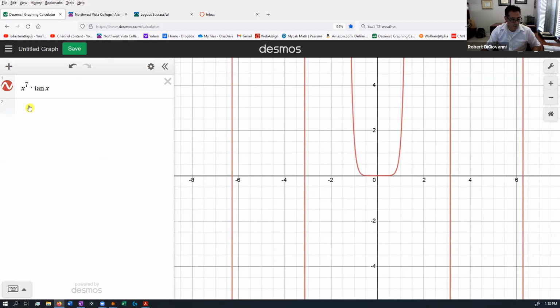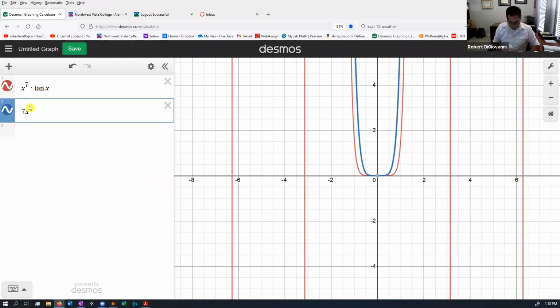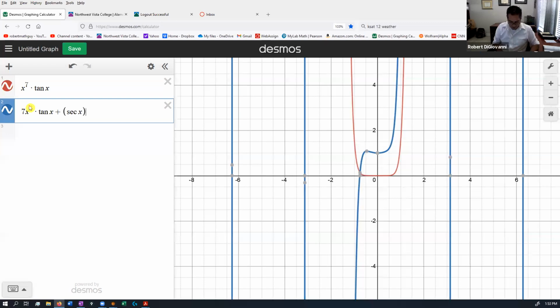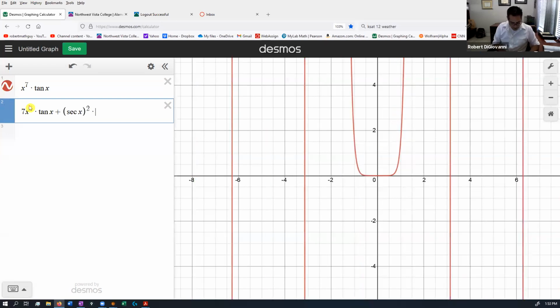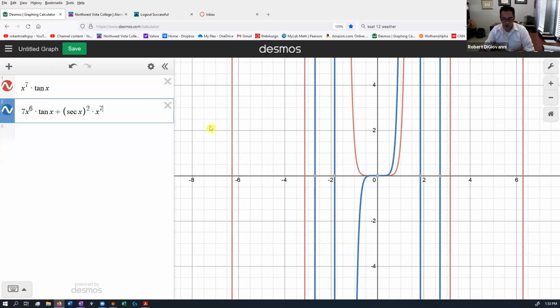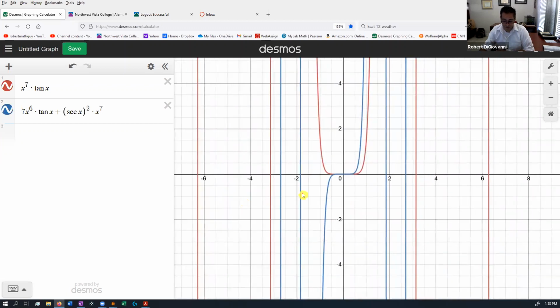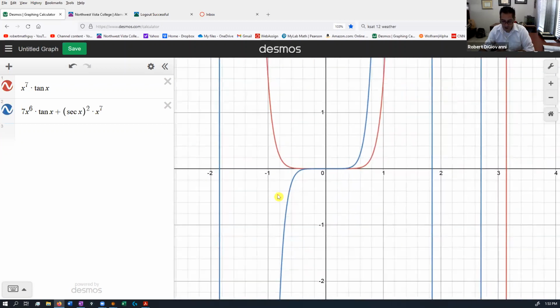And then our answer, the derivative, was 7x to the 6th times tangent x plus secant squared x times x to the 7th. It's going to be hard to check this, but I'll just look at it here.